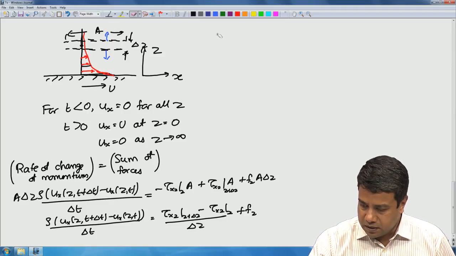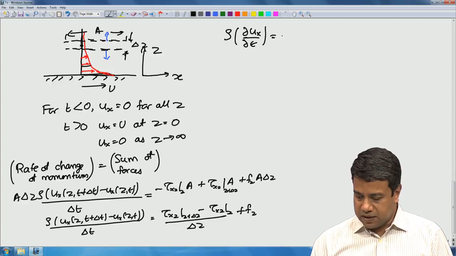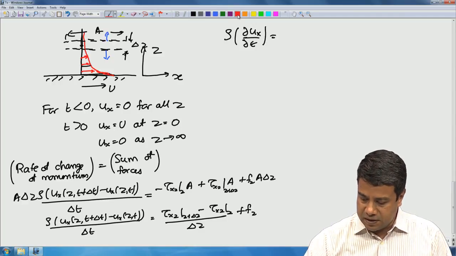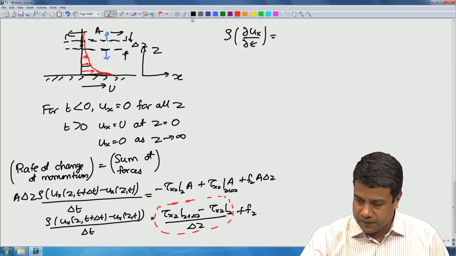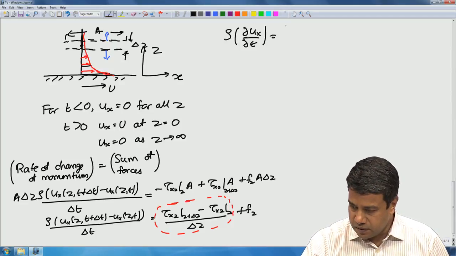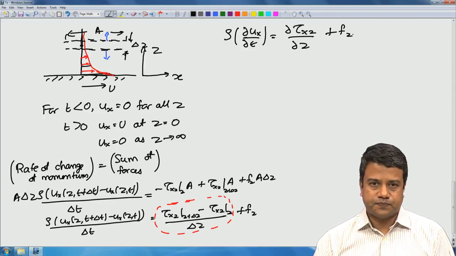You will get rho into partial ux by partial t is equal to, in this case, tau xz at z plus delta z minus tau xz at z divided by delta z. So, this will be equal to partial tau xz by partial z plus fz.